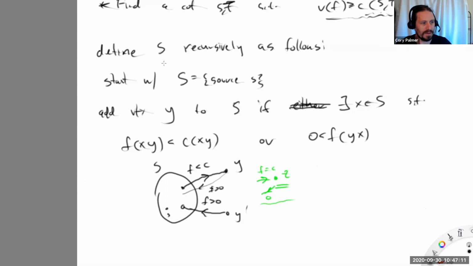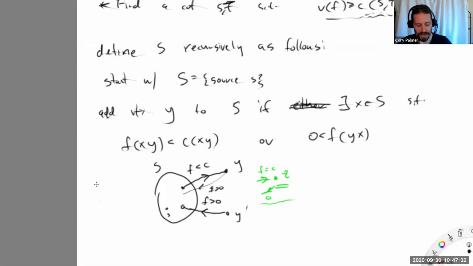Okay, so this produces a partition, but there's a potential problem. This may add T, sync vertex T, to this set S, and then it wouldn't be a cut, right? It could potentially absorb all the vertices, or it could absorb the vertex T. I want a cut that has the vertex S in one class and the vertex T in a different class.